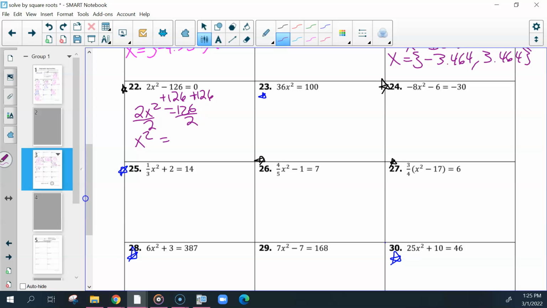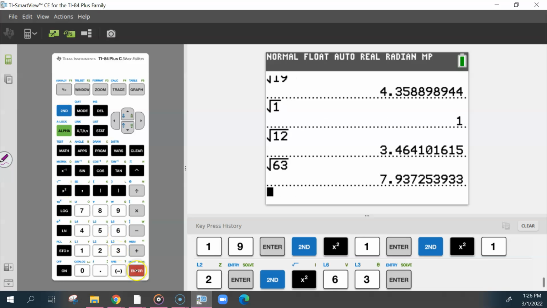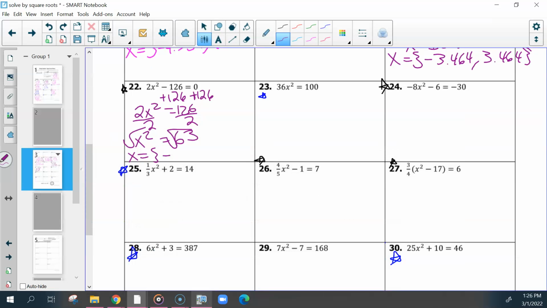X squared equals 63. Take the square root of both sides. I'm just going to put x equals the negative and positive in the solution set. So 7.937, to use at least 3 decimals.